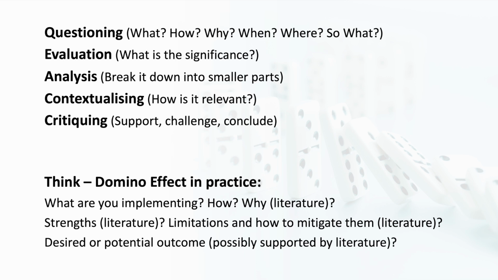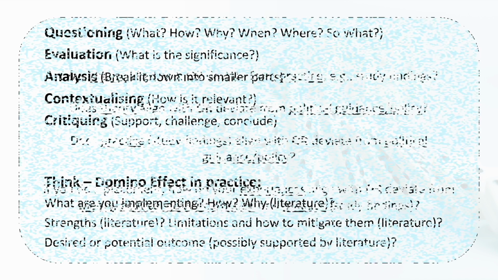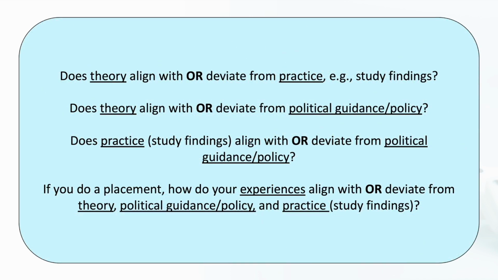Here are some additional ideas to help you be critical. Does theory align with or deviate from practice, as in what people are finding in studies? Does theory align with or deviate from political guidance or policy? Does practice, as in study findings, align with or deviate from political guidance or policy?